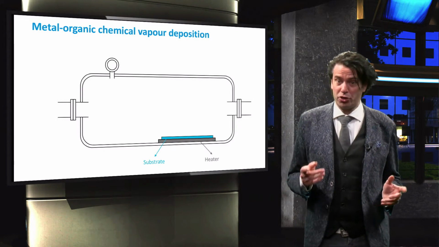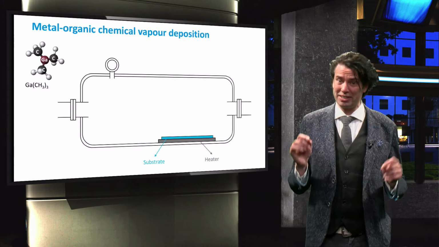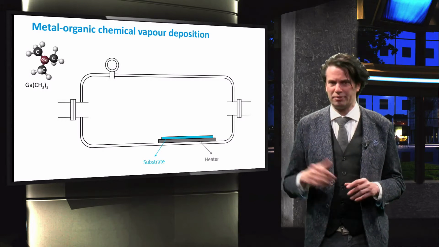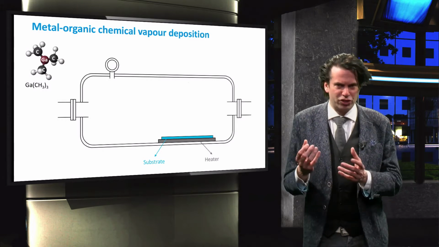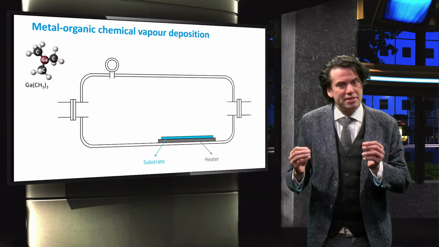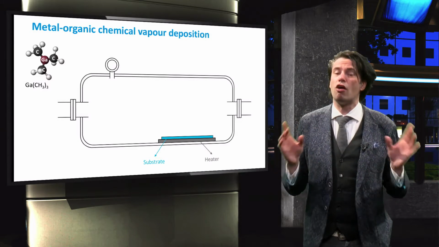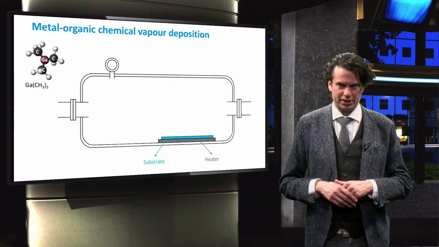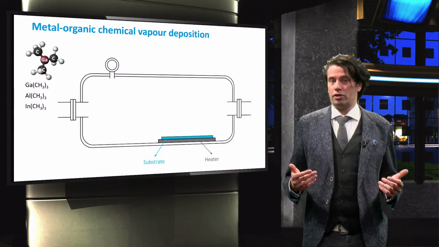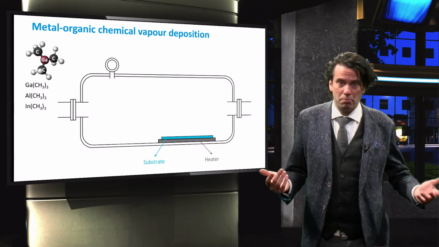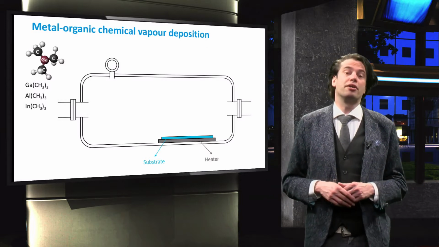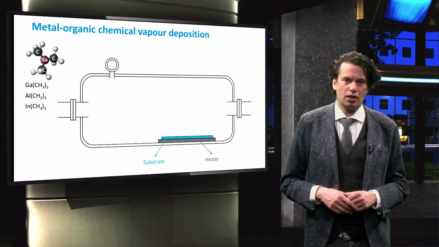A typical precursor gas is, for example, the 3-methyl gallium, which is shown here. The gallium atom in the center is connected to 3 methyl groups, each consisting of a carbon atom and 3 hydrogen atoms. In a similar manner, 3-methyl aluminium and 3-methyl indium are used in a precursor gas.